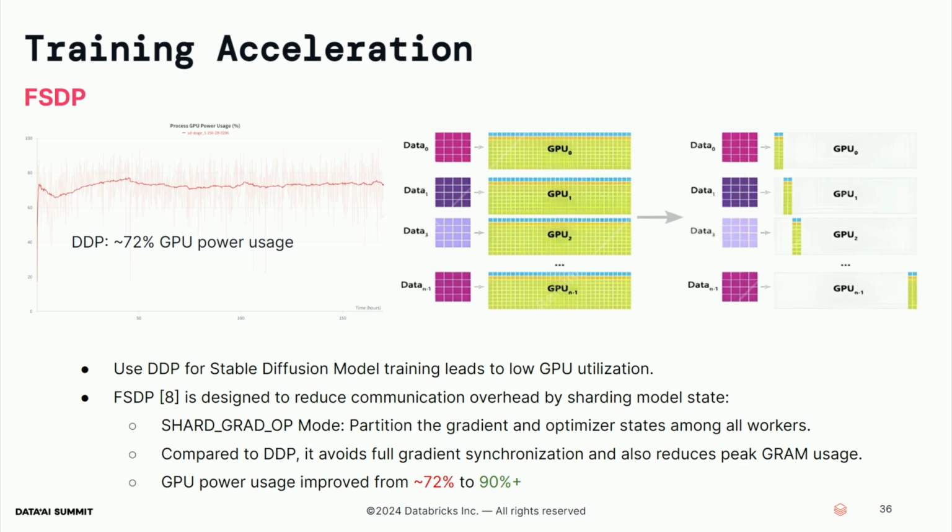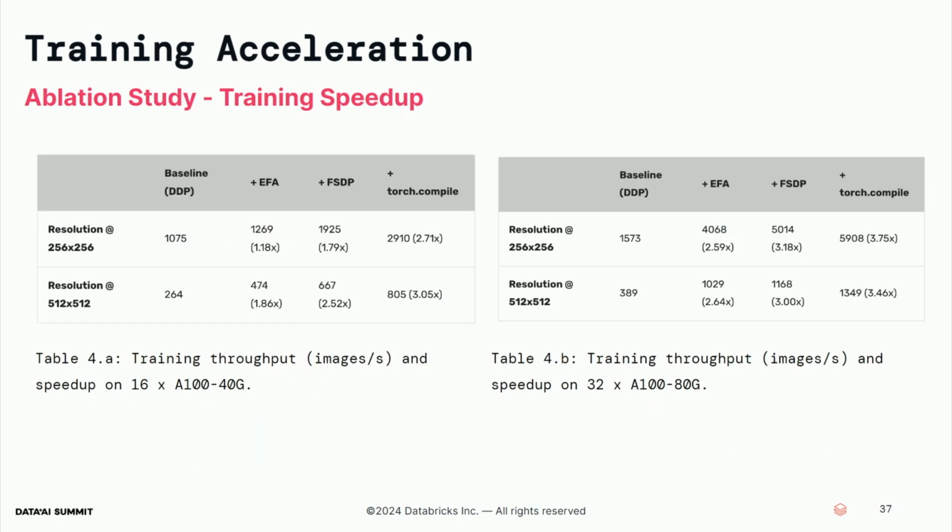It also reduces the need for full gradient syncing because each worker only needs the gradient for its own weight shards. By combining these optimizations, including EFA, FSDP, and also torch compile, we are able to get approximately 3 times speed up over the baseline method using DDP.